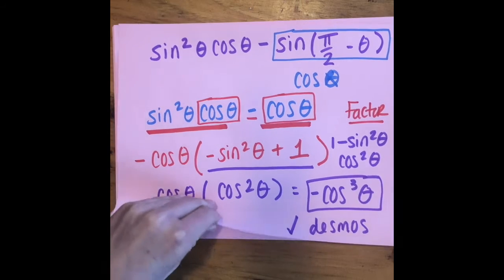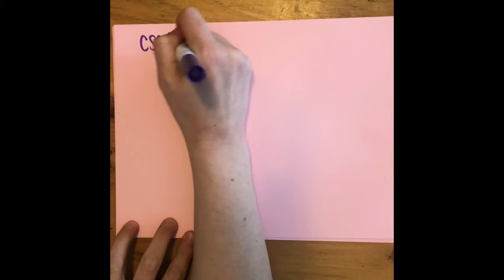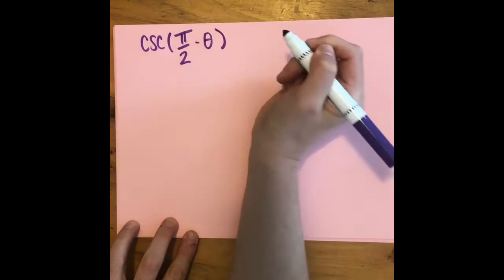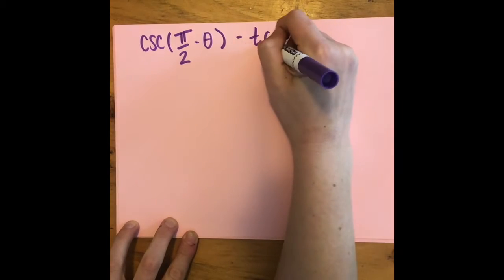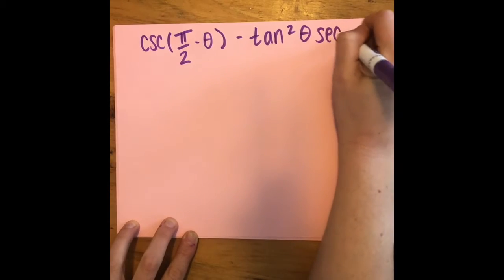Okay. What else? So let's try one more. We're gonna start with cosecant of pi over 2 minus theta minus tan squared theta secant theta.